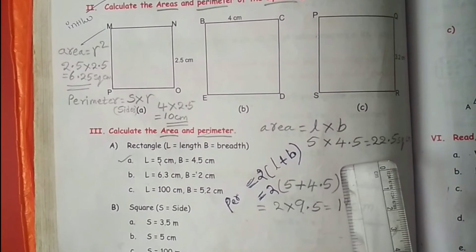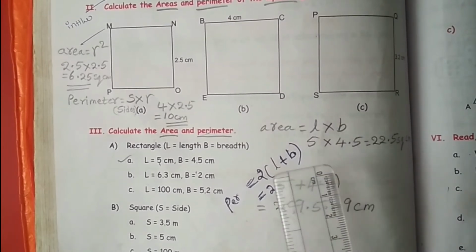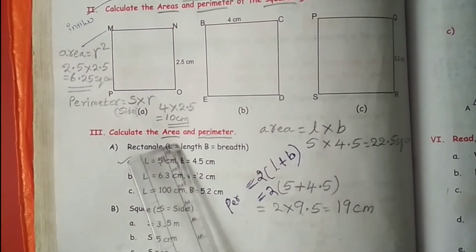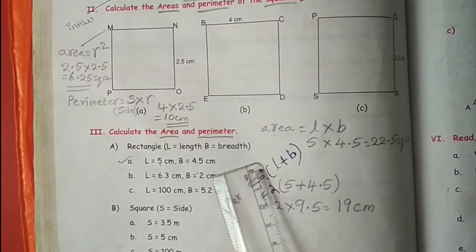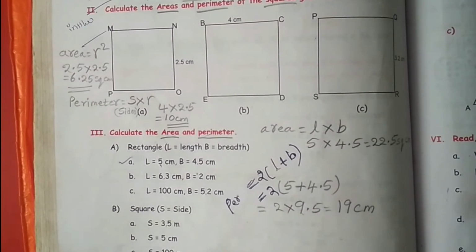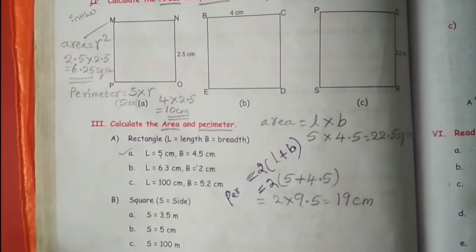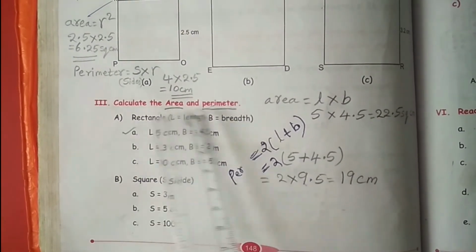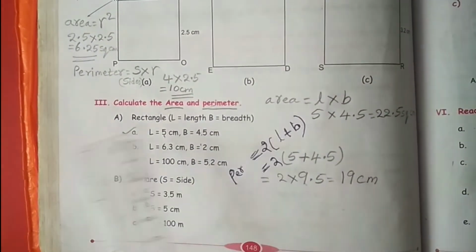Right? For a rectangle, area is equal to length into breadth is the formula. Now we have to find out the area and we have to find out the perimeter. Right? So, coming to the third bit, calculate the area and perimeter.